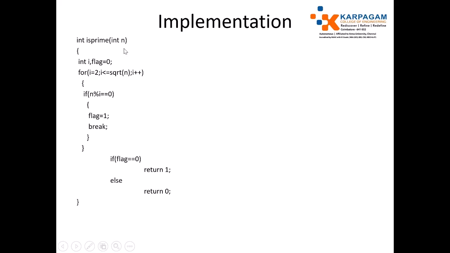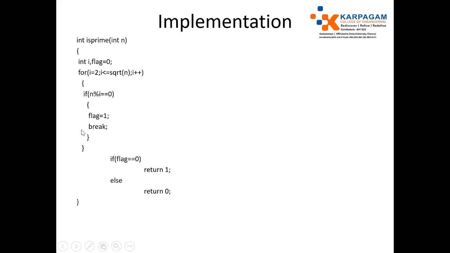For example, I check whether 6 is a prime number or not. Consider starting from 2, and 6 is divided by 2 and we get the remainder. Surely you will get 0. So the condition is satisfied and the flag will be set as 1.